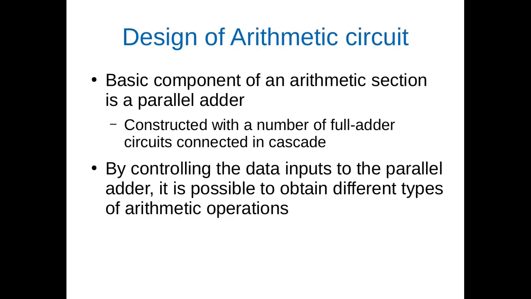First, we consider the design of the arithmetic circuit. The basic component of an arithmetic section is a parallel adder. A parallel adder is actually a number of full adder circuits connected in cascade. By controlling the data inputs to the parallel adder, it is possible to obtain different types of arithmetic operations.